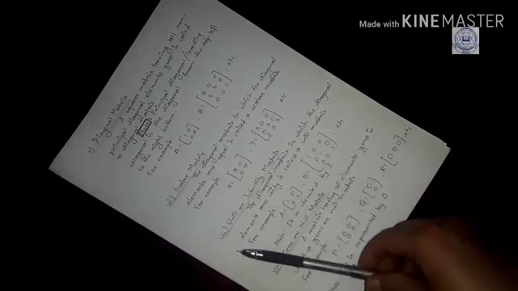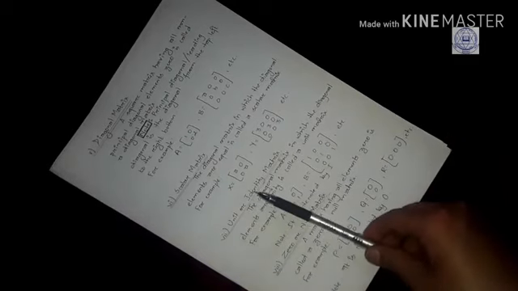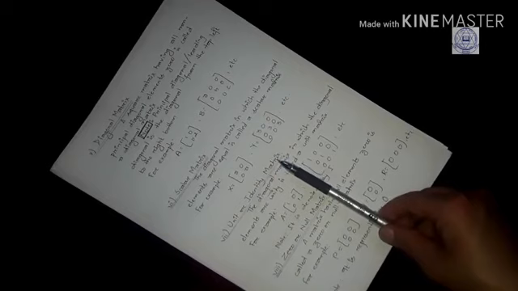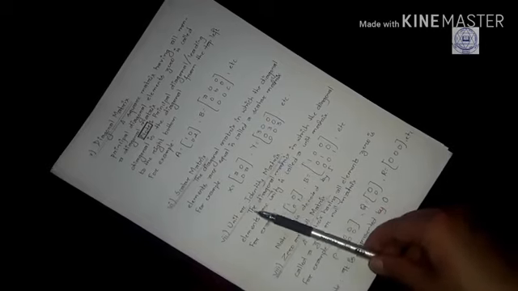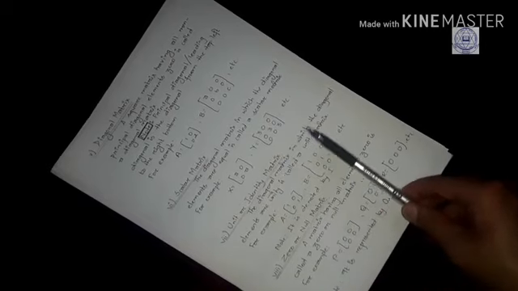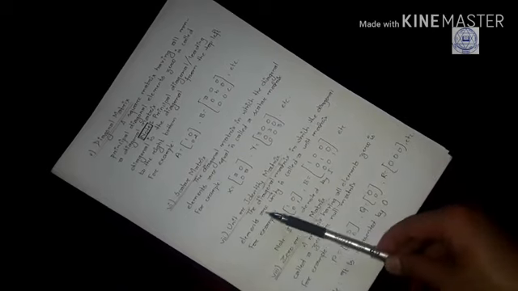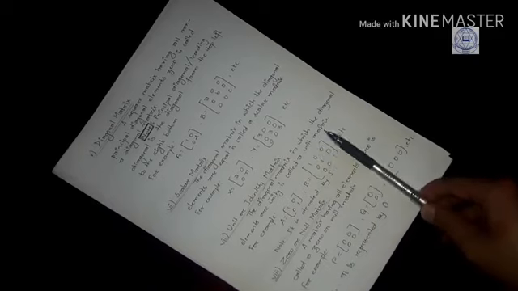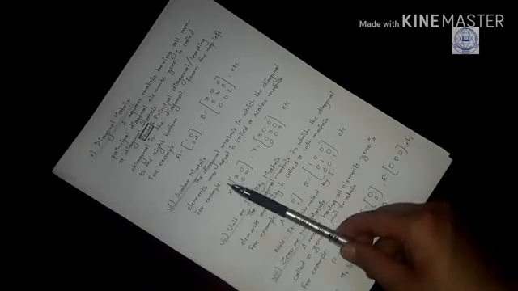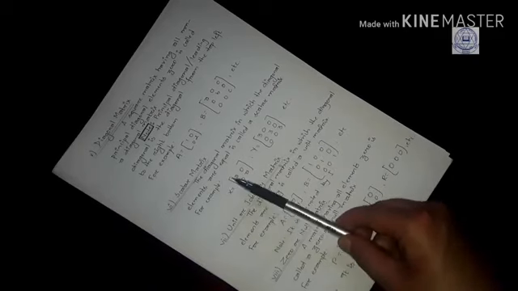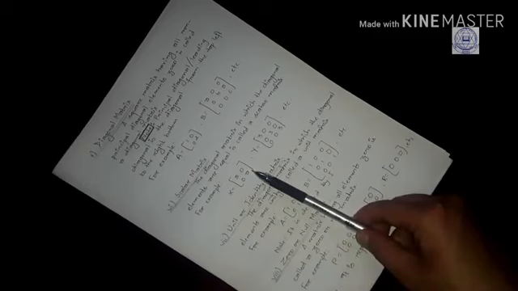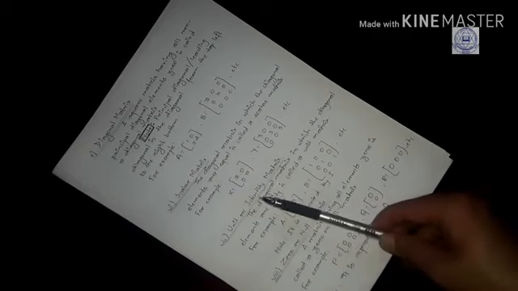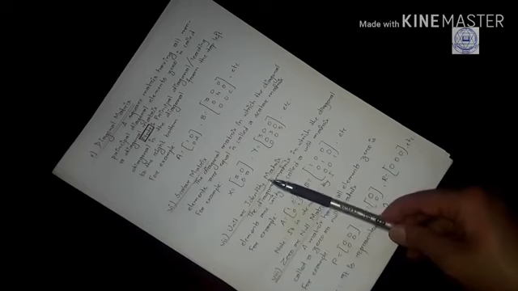Now the seventh one is unit or identity matrix. The diagonal matrix in which the diagonal elements are unity is called a unit matrix. Means in our previous example, scalar matrix, the diagonal elements were equal, but here in unit matrix the diagonal elements are 1.